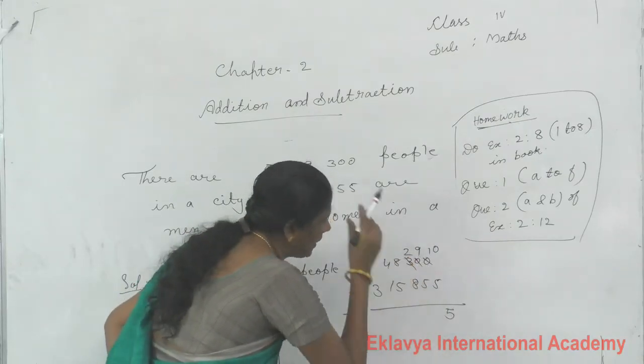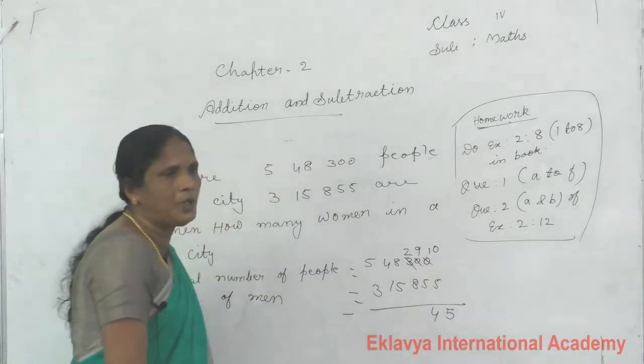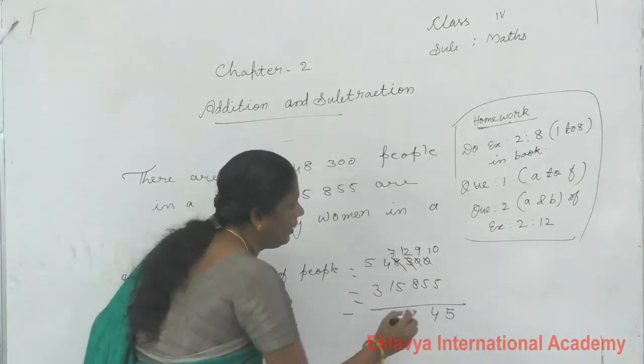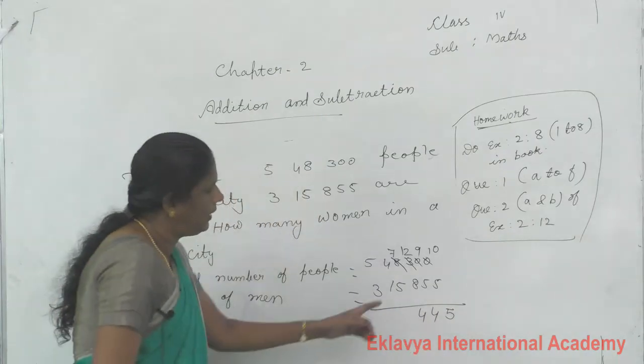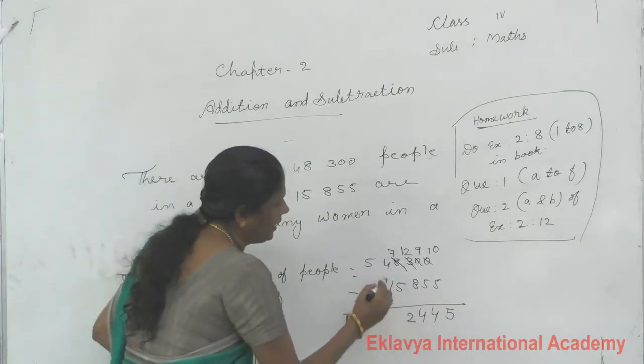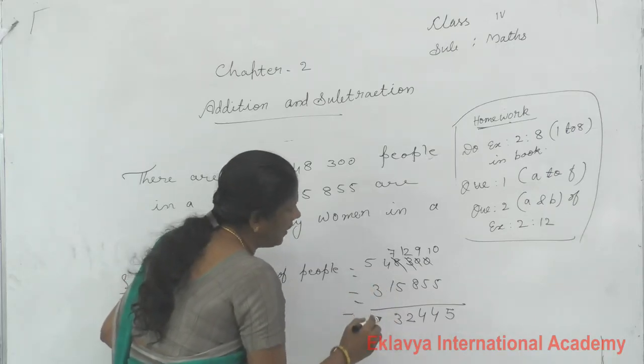Then 5 take away from 9, 4. 8 take away from 2, is this possible? No, you take a borrow, 12, 4. Then 5 take away from 7, 2. 1 take away from 4, 3. 3 take away from 5, 2.